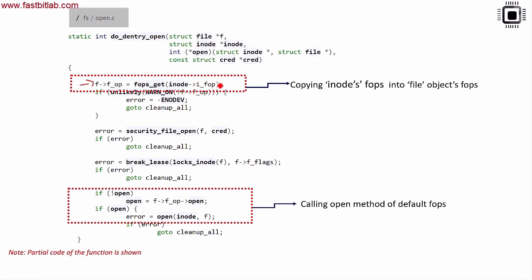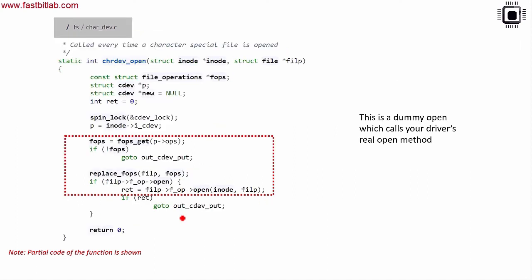That means the inode's file operation field is copied into the file object's file operation field. And after that, you can see that at this point, the open method of the dummy default file operation is called. That means this function gets called. char_dev_open gets called.